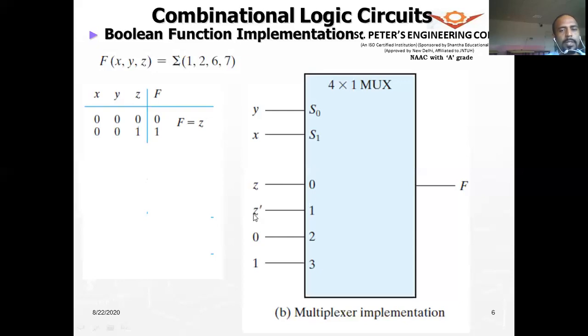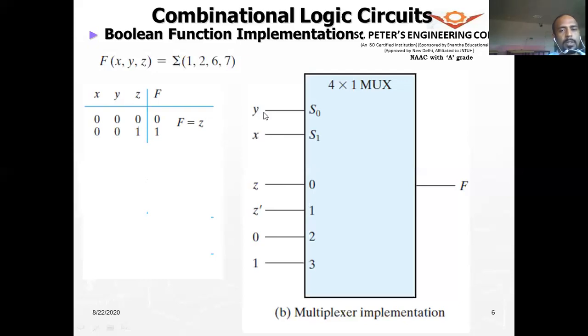Now, z complement is given to I1, but input line 1 will not be selected. Why? Because for input line 1 to be selected, x should be 0 and y should be equal to 1.